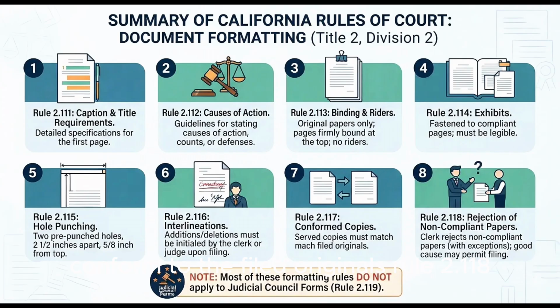Rule 2.118 directs the clerk to reject non-compliant papers, but prohibits rejection solely for handwriting or hand printing, in non-black or blue-black ink, or for omitting an attorney or party fax number or email on the first page. The court may, nevertheless, permit filing of non-compliant papers for good cause shown. Importantly, most of these formatting rules do not apply to Judicial Council forms, as noted by Rule 2.119.